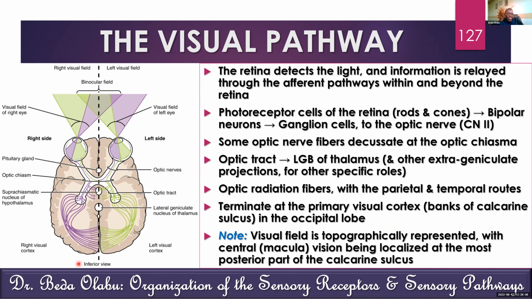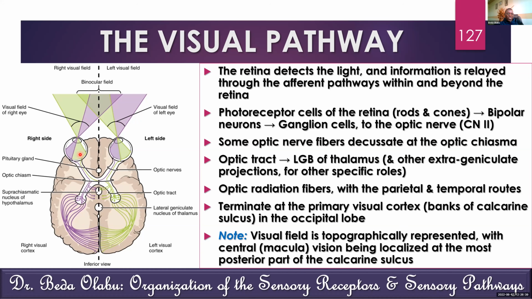So here it's an inferior view. So this is right, this is left. This is the temporal field of the right eye. Those rays have landed on the nasal retina of the right eye. So remember, right field, right eye. That fiber has not yet decussated. It is on the right side. It's coming from the right side of the field. It has landed onto the right eye.